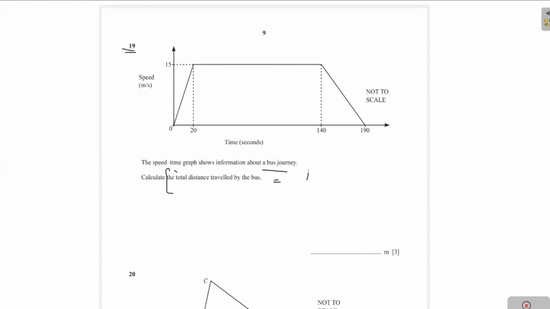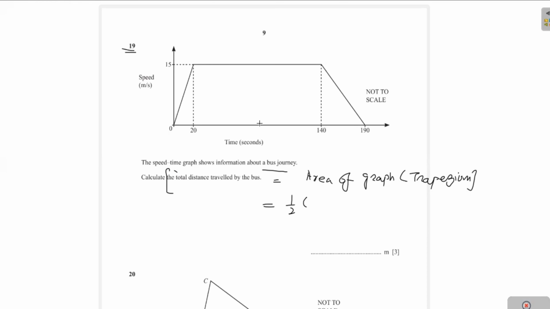This is the area of the graph, and the graph shape is a trapezium. The area of a trapezium is equal to 1/2 into the sum of parallel sides into height.